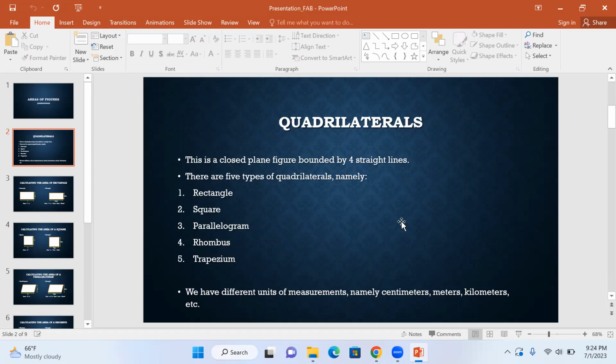We have square. And the other one, Sadi, is parallelogram. We have rhombus and trapezium. And we have different units of measurement: centimeters, meters, kilometers, etc. We can also talk of millimeters and all that.